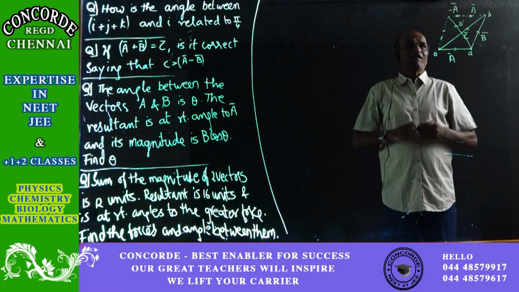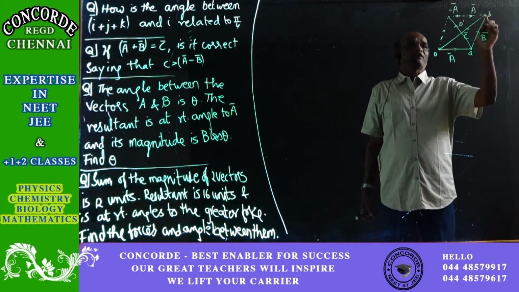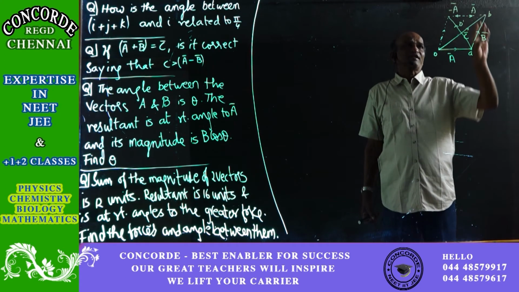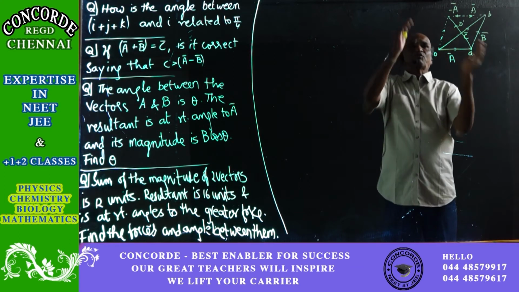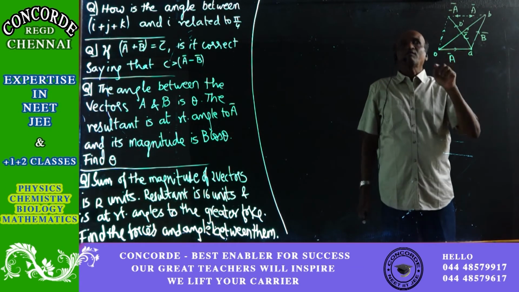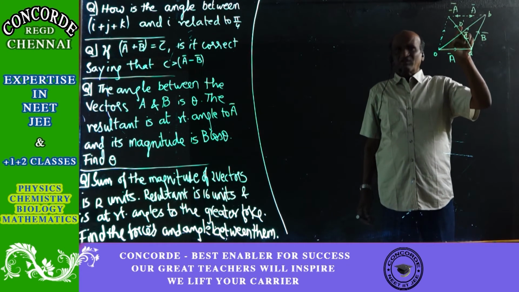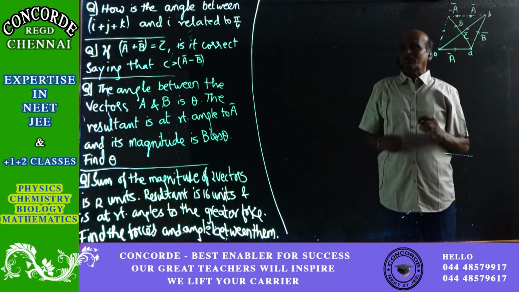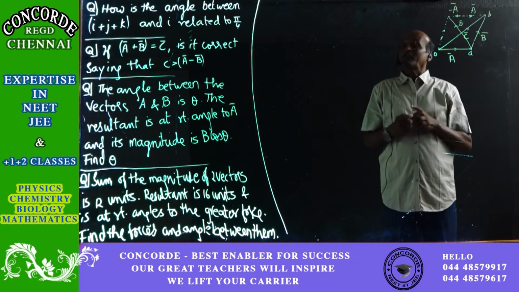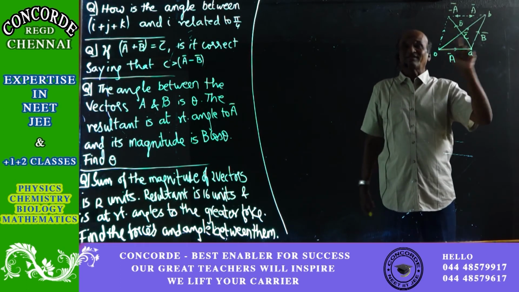The reason is that if we drop a perpendicular from the two ends, then B is on the other side, whereas here this end comes closer. On account of that, the resultant of B bar and minus A bar, which is D bar, is of shorter length. So if D bar is of shorter length, it means that D bar is less than C bar.